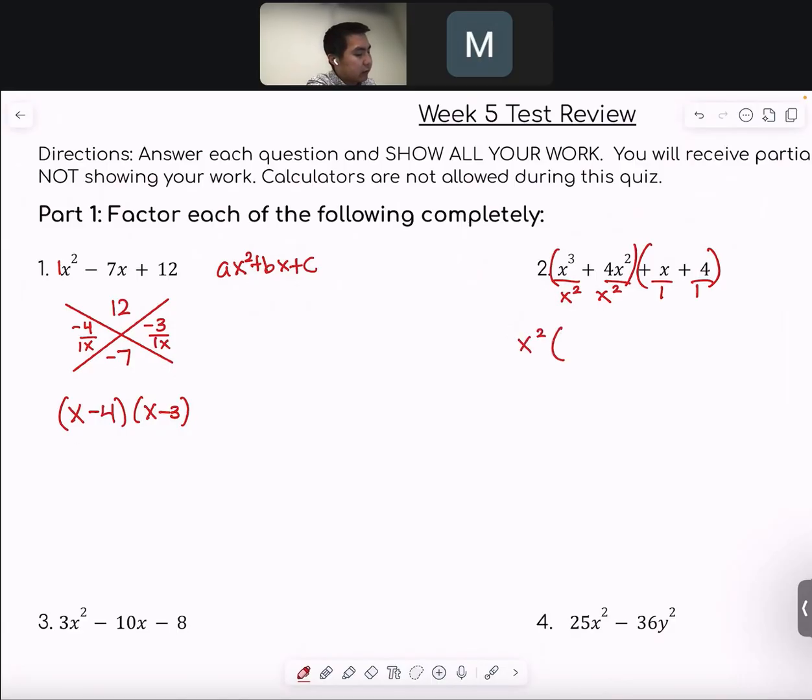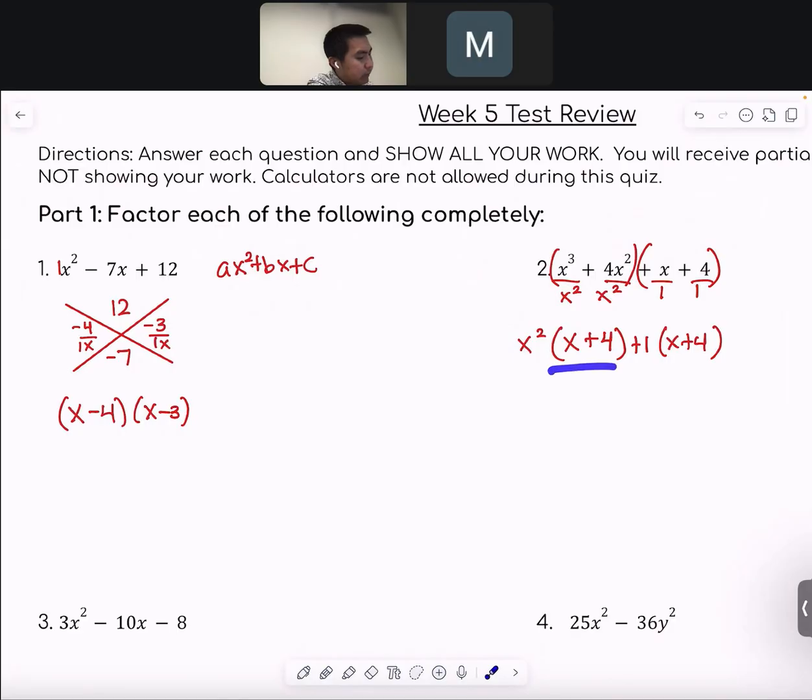Take the GCFs and put them both on the outside. X to the third divided by x squared, 2 x's cancel, so that just leaves 1x. The x squares completely cancel, so all that leaves is the 4. And over here, it's still x plus 4.